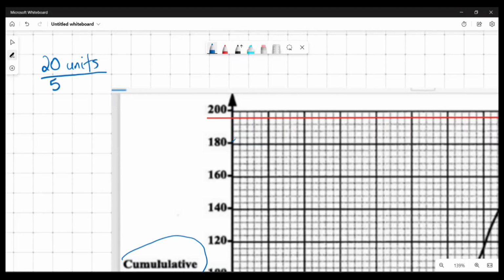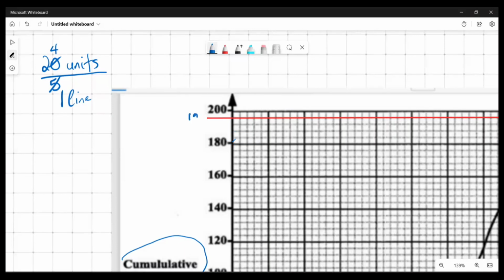Divide it by 5. 5 into itself, 1. 5 into this, 4. So it is telling me that one line is 4 units, which means we're counting by 4 from every little line you see. So if this is 180, 184, 188, 192, 196, 200, and it makes sense. So you could see that we are at 196.